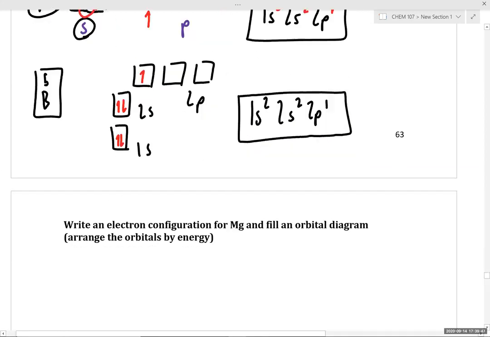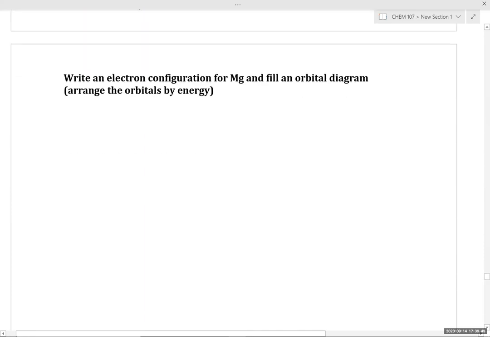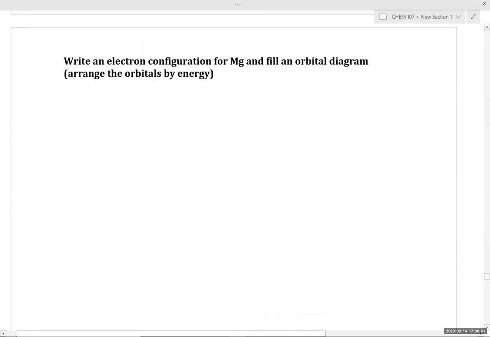So let's keep going now. I'd like you to work on the following example. I'd like you to write an electron configuration for magnesium, and I'd like you to fill in an orbital diagram. You can type the electron configuration in the chat, and if you look in Zoom features, in the upper portion, you'll see this black tab titled Meeting Options, and if you go into the drop-down menu, it'll have an option called Annotate.